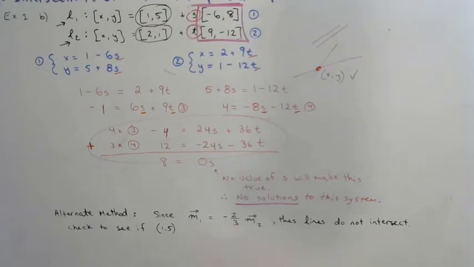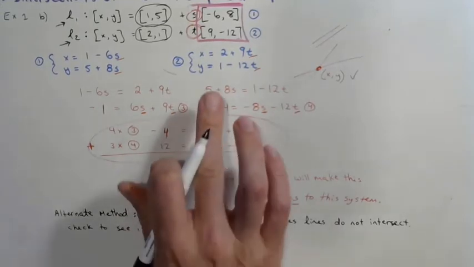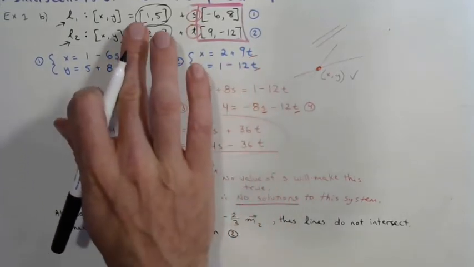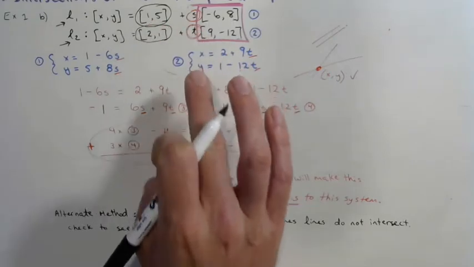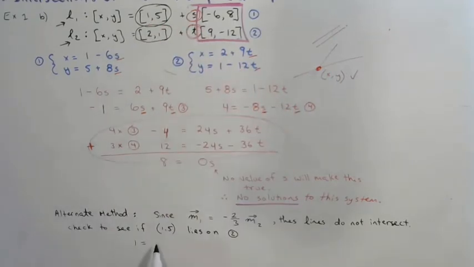Check to see if 1,5 lies on line 2. In order to do that, we take our parametric equation and sub in 1 for x, 5 for y. So for x, 1 equals 2 plus 9t, and 5 equals 1 minus 12t. Then we can solve and see if t is equal to the same thing.